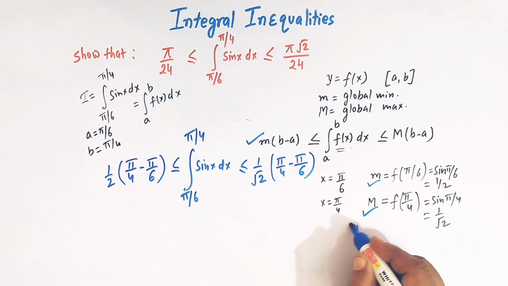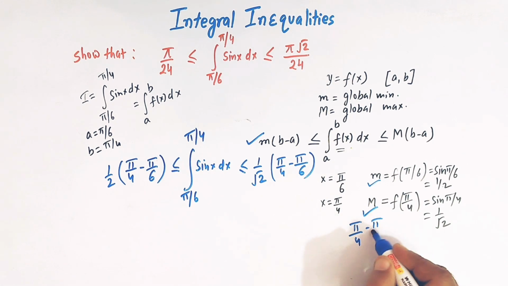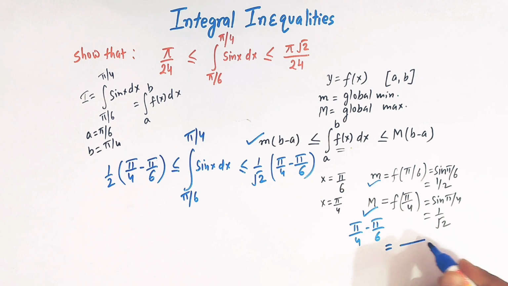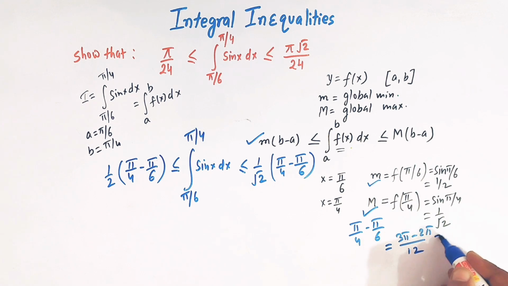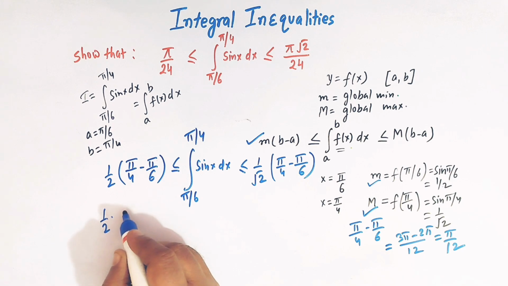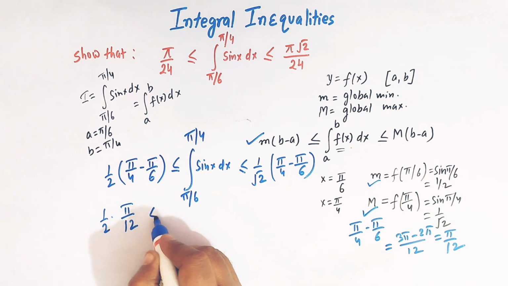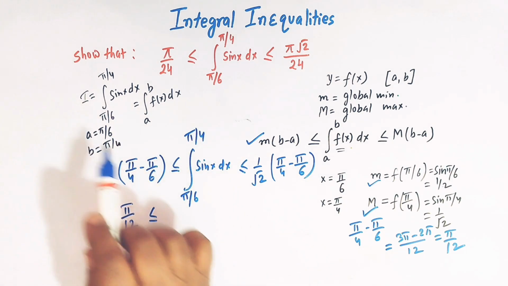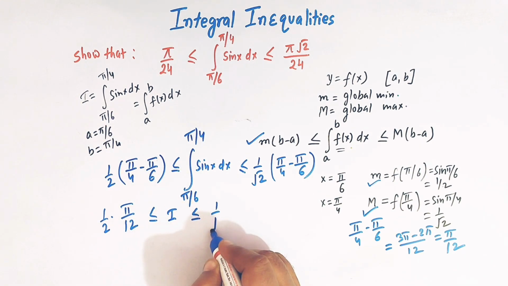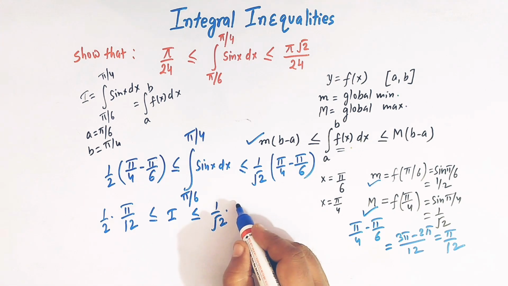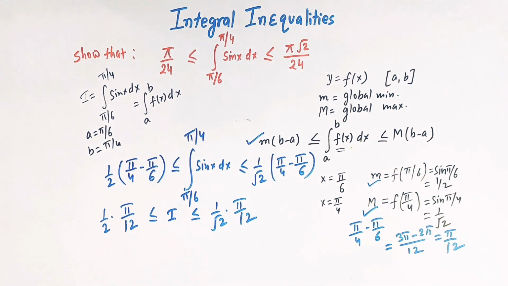So now the difference pi by 4 minus pi by 6 is given by, here we have LCM 12, this is 4 3s are, this is 6 2s are, so we have pi over 12. So here we have half, this is pi over 12, and this integral we have denoted by I, and here we have 1 over square root of 2, and this is pi over 12, right?